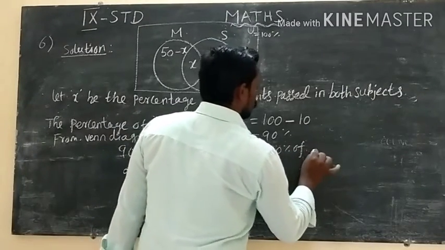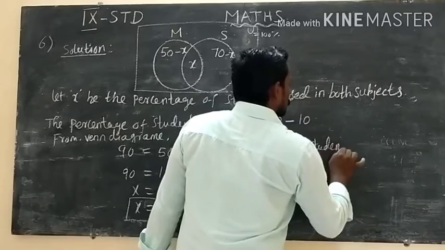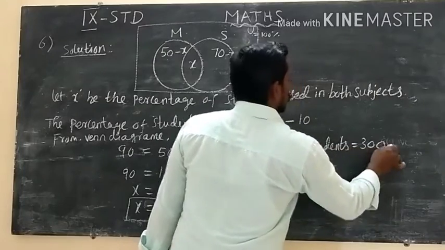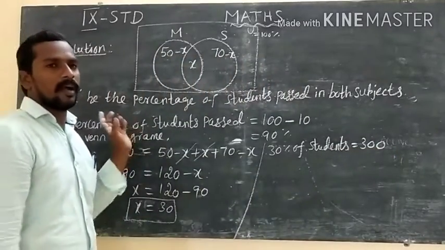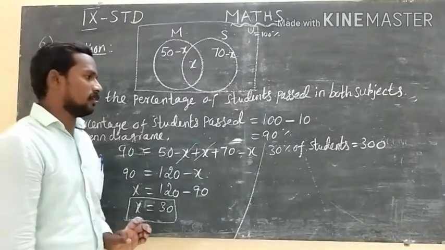That means 30% of students is equal to 300. Don't forget your question: find the number of students who appeared in the examination.